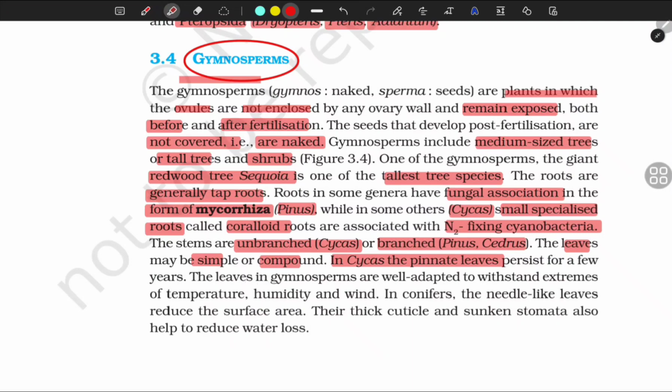The leaves in gymnosperms are well adapted to withstand extreme temperatures, humidity, and wind. In conifers, the needle-like leaves reduce the surface area. Their thick cuticle and sunken stomata also help to reduce water loss.